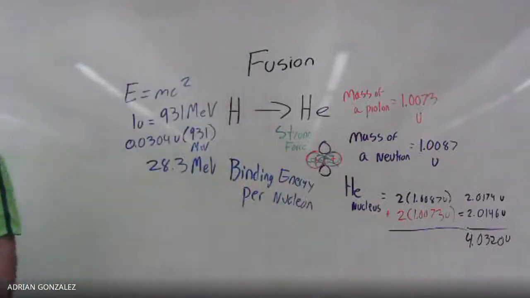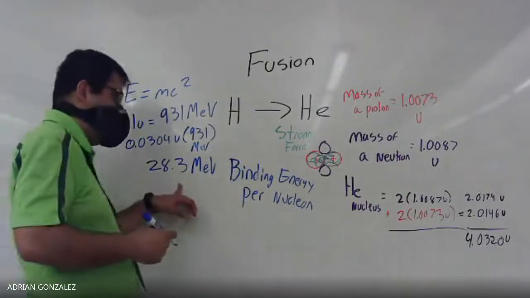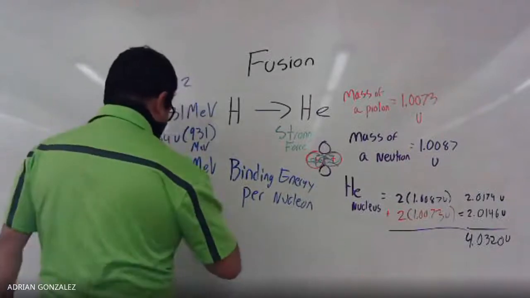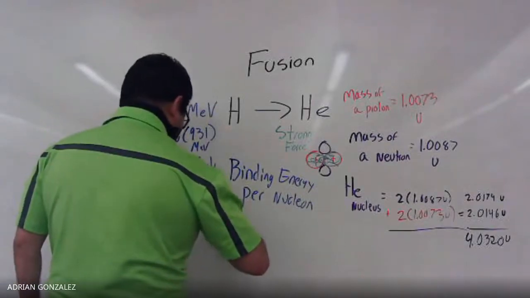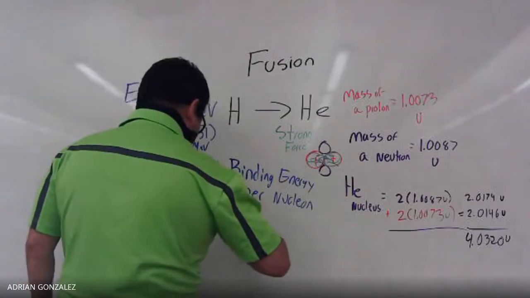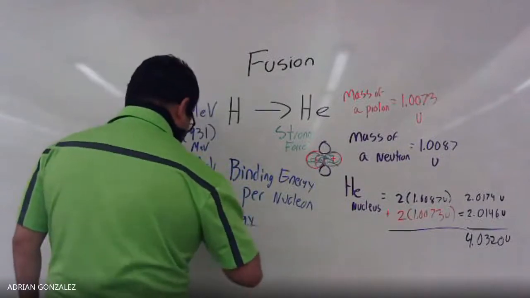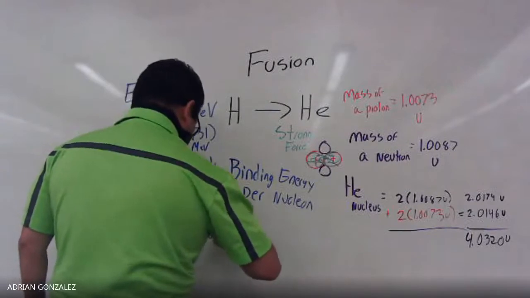Remember, we're talking about per particle in the nucleus. You would take that number and divide it by the number of nucleons. So it's binding energy divided by number of nucleons.